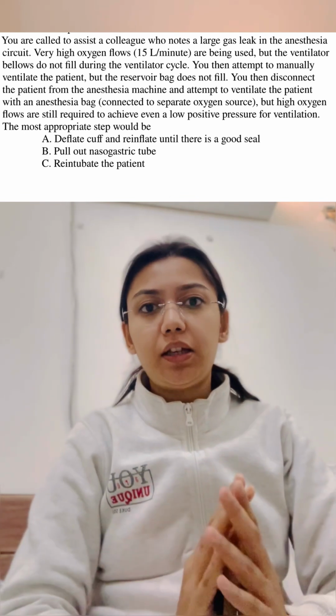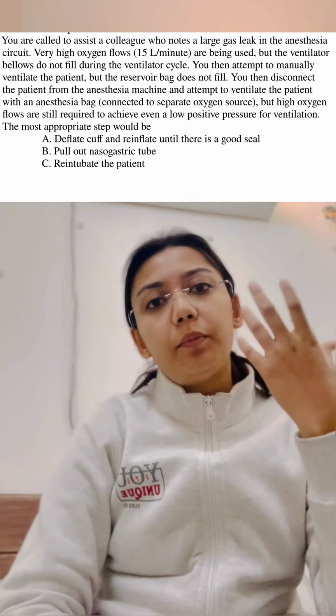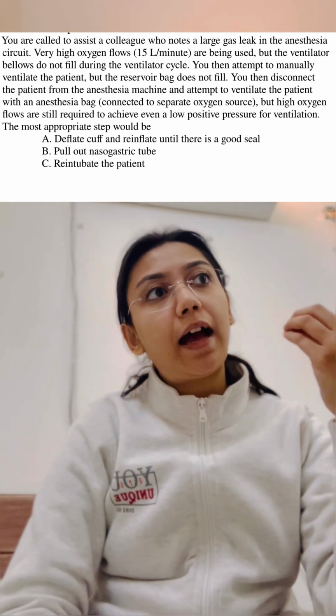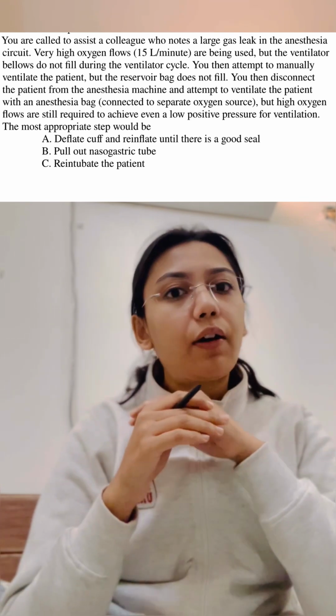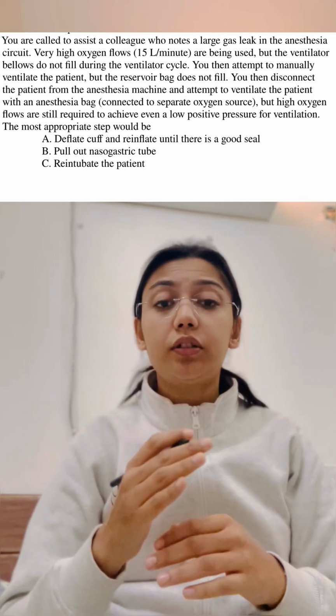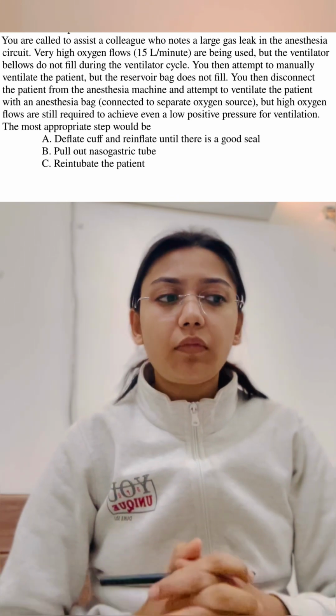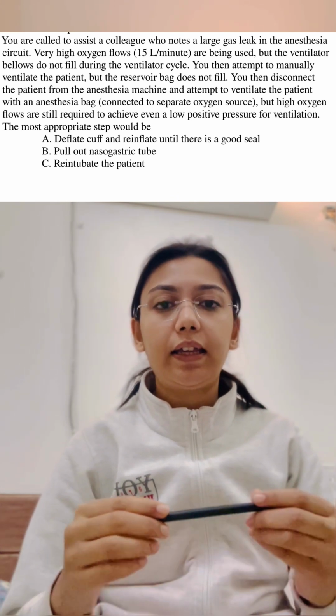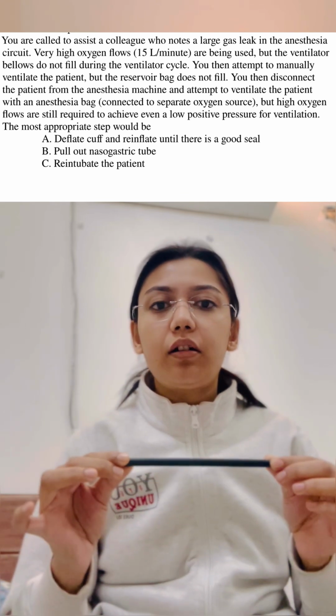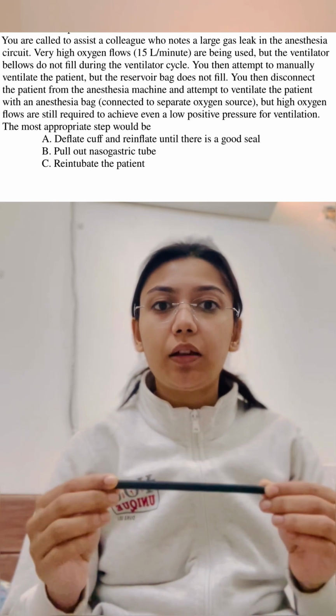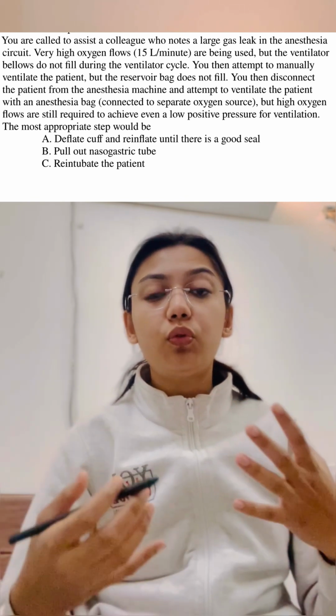So I think this is a very practical question, because normally in OTs it happens that even after checking everything, even after checking for all the errors, we encounter such problems. So what happens in anesthesia when we are inducing a patient and the patient is not able to breathe on his own, that is breathing via negative intrathoracic pressure inspiration and passive expiration, we take the patient on positive pressure ventilation.